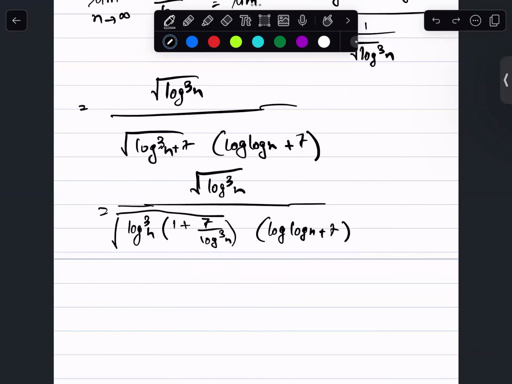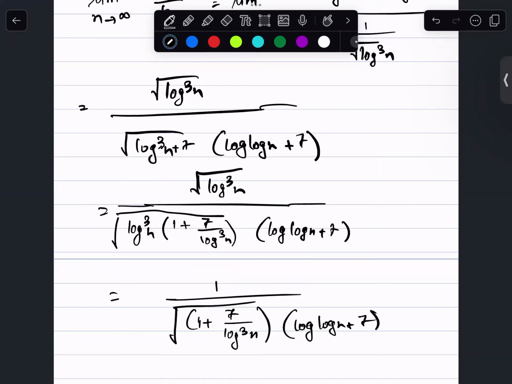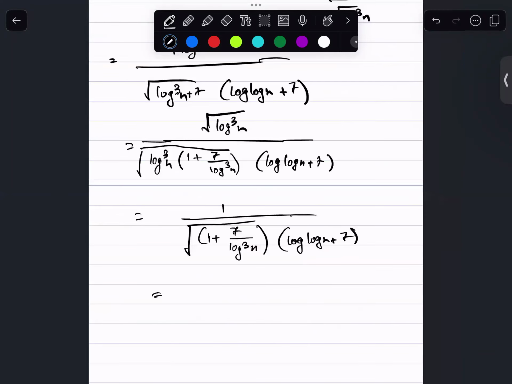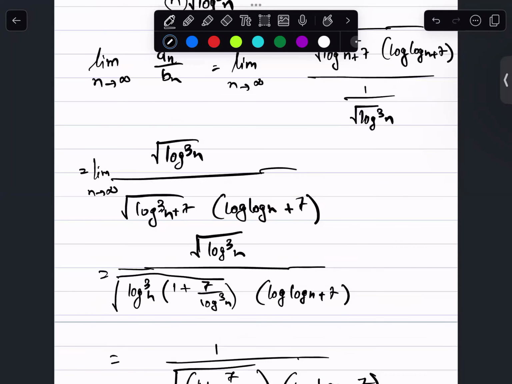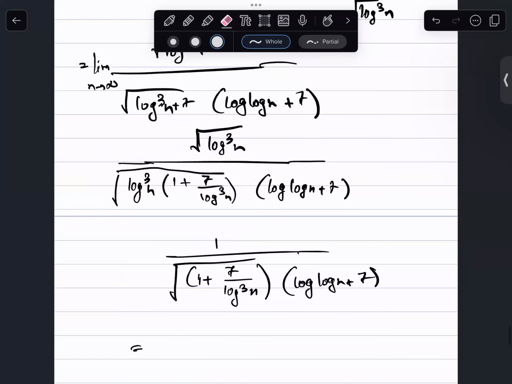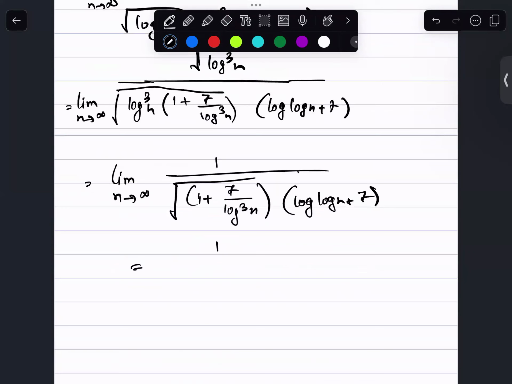So this will be 1 over square root of 1 plus 7 over log to the 3n, times log n plus 7. Now if I carry out the limit as n tends to infinity everywhere, this will be 1 over square root of 1 plus 7 over infinity, which is 0, times infinity plus 7.